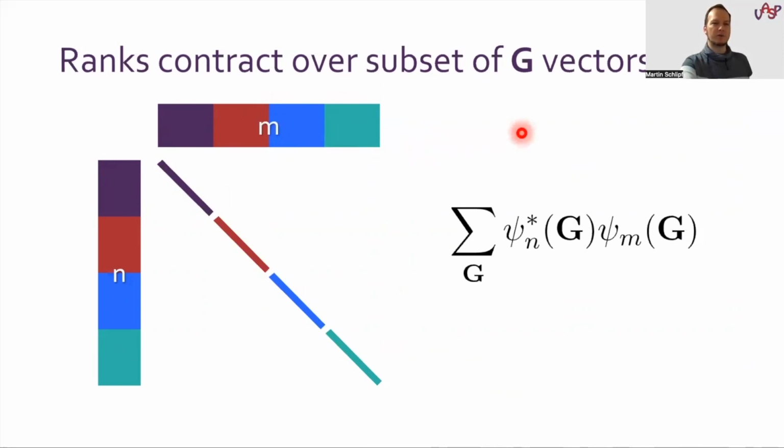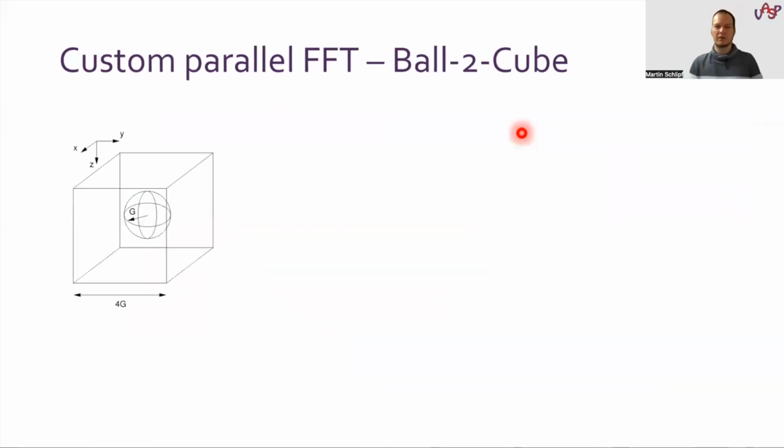Now let's move on to our FFTs. In our code, we actually use a custom-written parallel FFT method to go from the plane wave sphere. You know that in the INCAR file, you set a plane wave cutoff, which defines a sphere of G vectors that we want to use. On the other hand, for the FFT, we have a discrete grid in the whole cube.